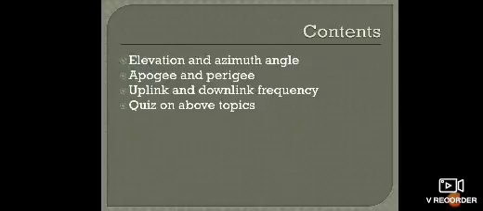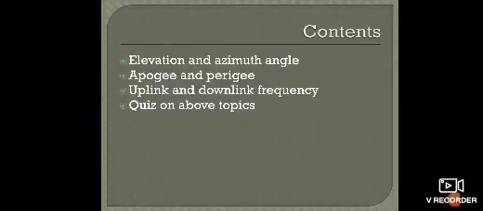I have covered the elevation and azimuth angle of satellite communication, the apogee and perigee of a satellite, and the uplink and downlink frequency, and we had a small quiz on these topics. So I have covered four topics on satellite communication.